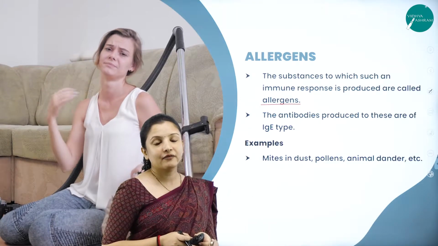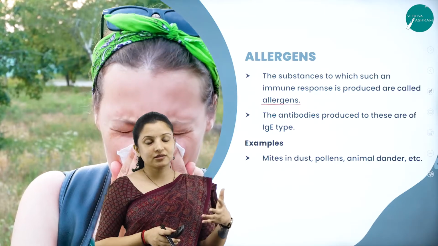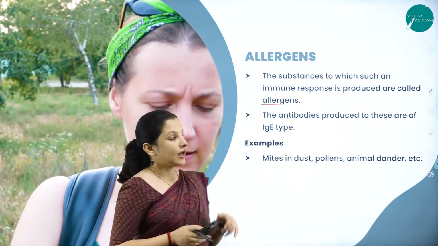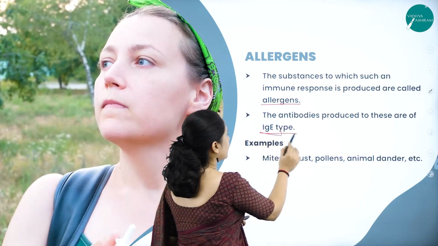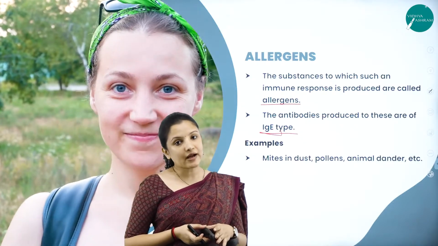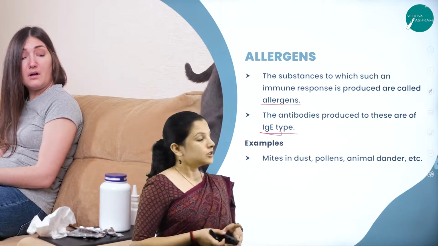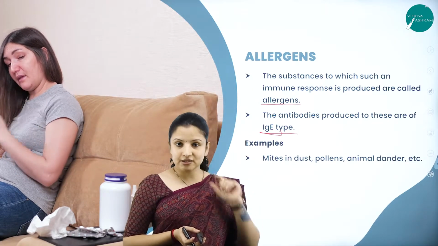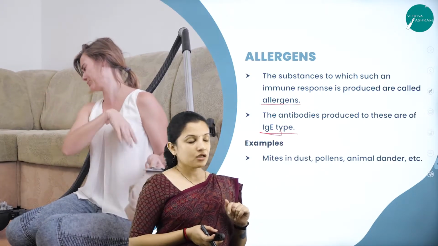Whenever an allergy gets triggered in the human body, the immune system produces antibodies for that particular allergen, and that antibody is called immunoglobulin E, or IgE. We studied in the previous session that there are different types of antibodies, IgA, IgE and so on. IgE is the type specifically produced when the body has a particular allergy.